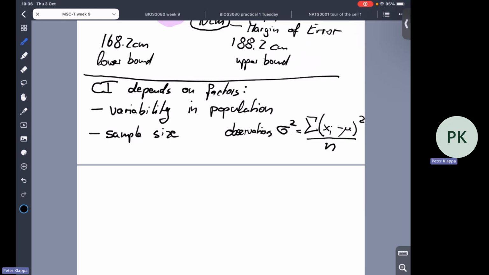That was our variance for our observations, for the measurements. You remember from last time? There was the equation for that.